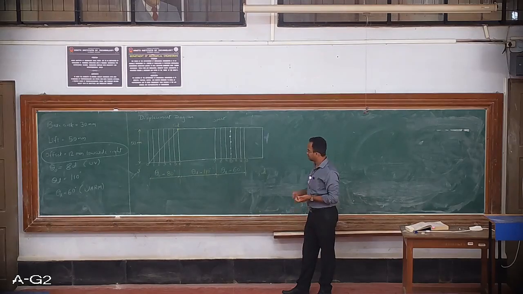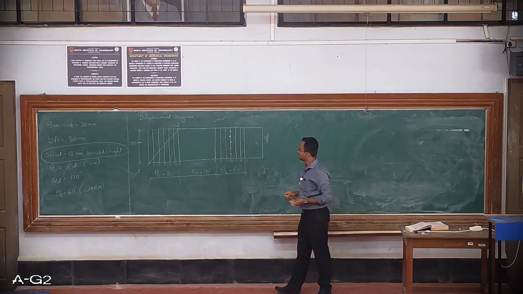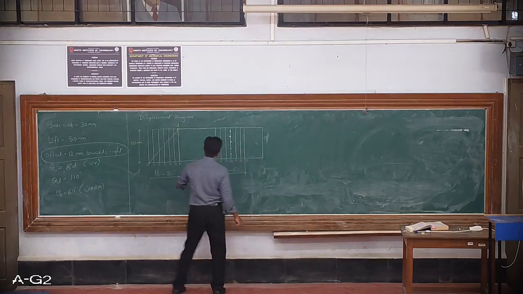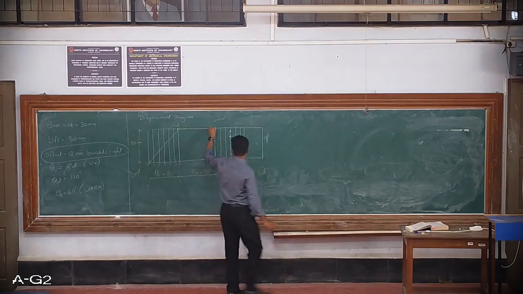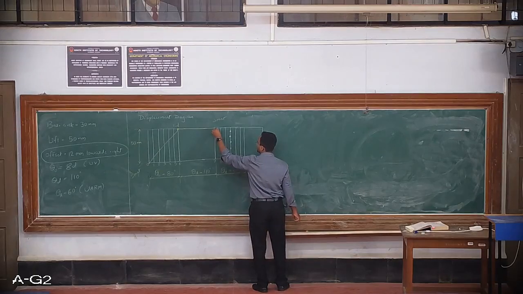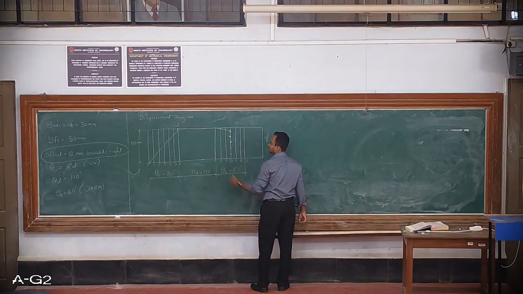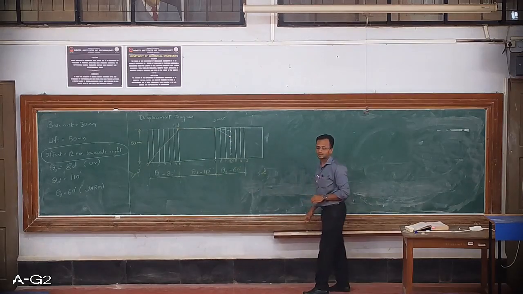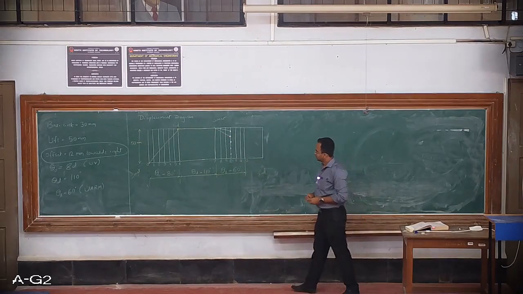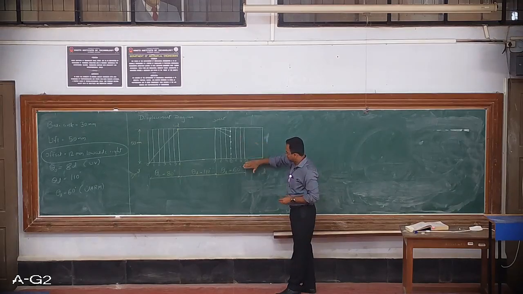So once this is done with the thin lines, you will have to start with this starting point and connect the first two points in this fashion. This is first, this is second. I'll repeat the same procedure from the end point.